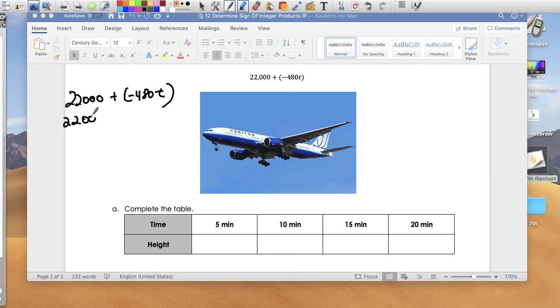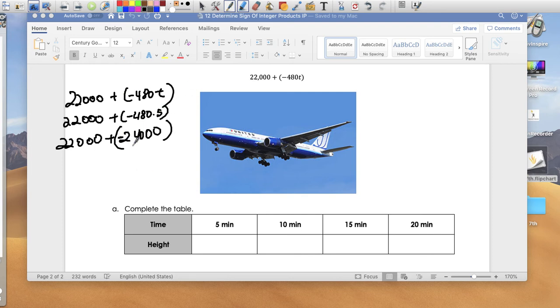So 22,000 plus negative 480 t, and I'm going to substitute the t, the time, with the value here, which is 5. So 22,000, and in 5 minutes, if you multiply 480 times 5, you get 2,400. Again, this is negative because it's a negative times a positive, right?